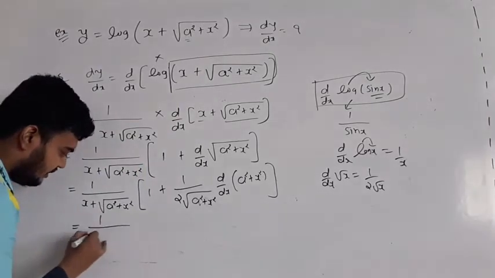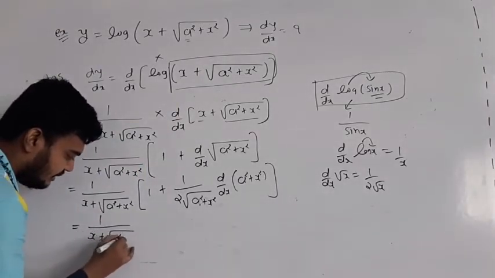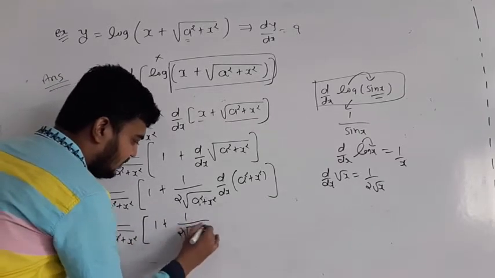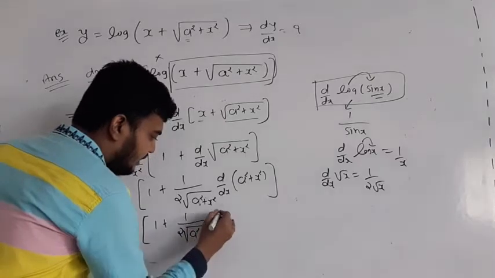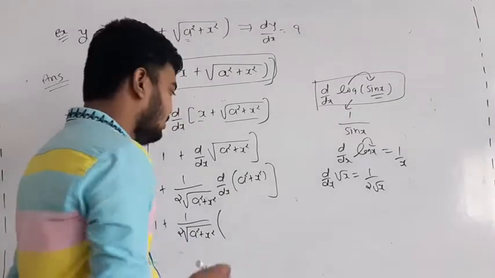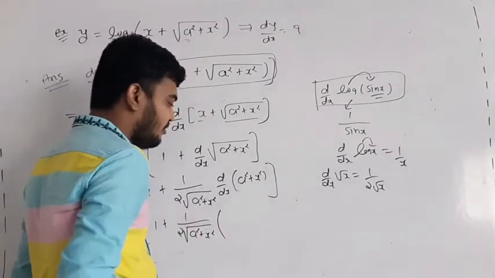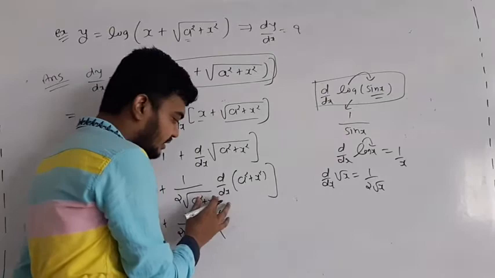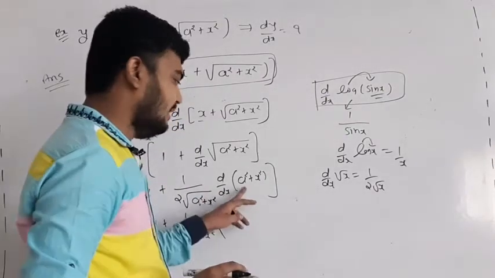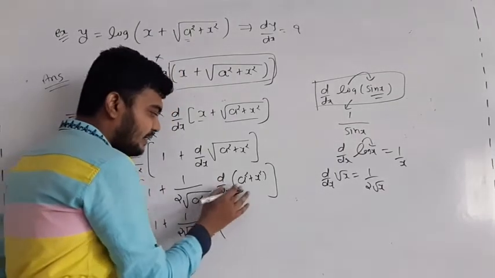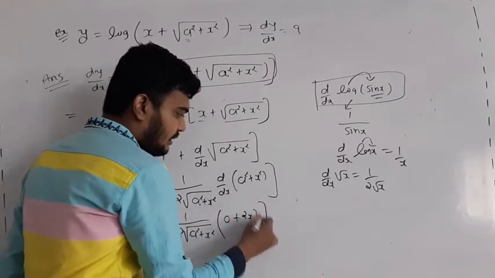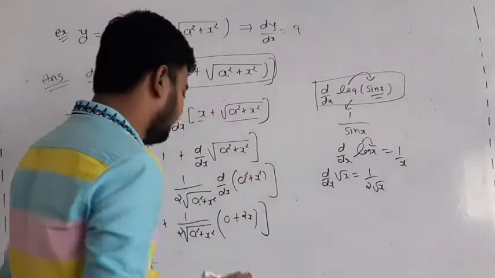So 1 by x plus under root a square plus x square as it is. Here 1 plus 1 by 2 under root a square plus x square. Again there is a plus sign between two functions, so we can differentiate separately. Remember one thing, only x is with d, so here x is the variable and a is constant. So d by dx of a square is 0, plus d by dx of x square is 2x, which is of the form variable raised to constant power.